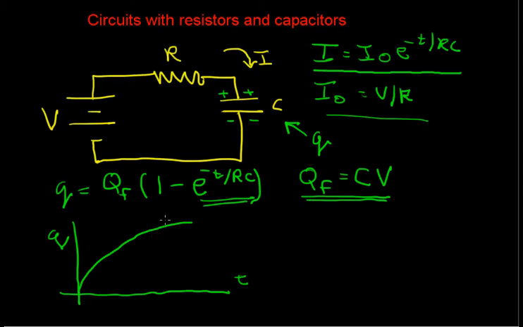It approaches asymptotically this Q final. It's going to charge up to that. Okay, and so let me just do a numerical example of this to show you something that I might ask you.